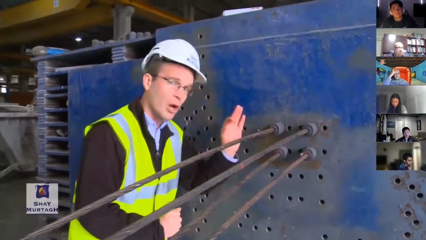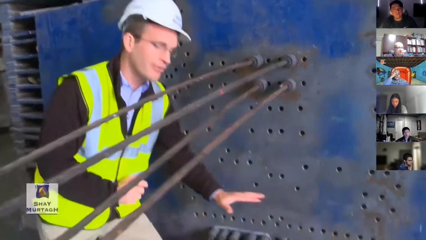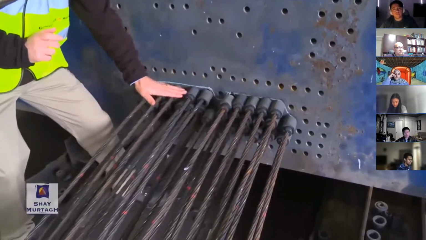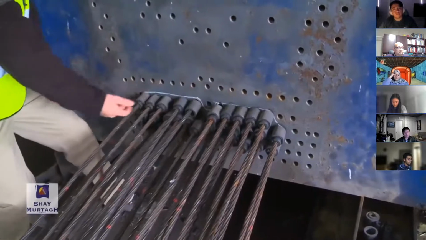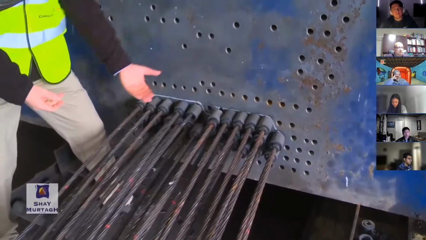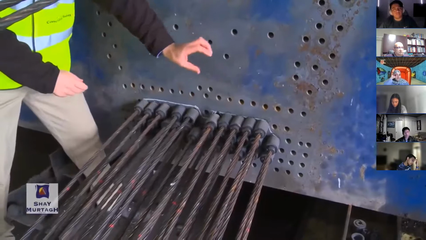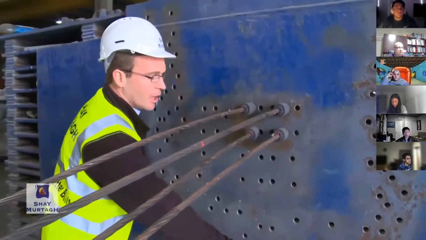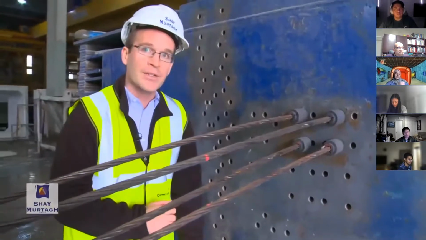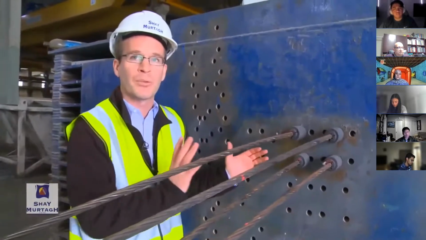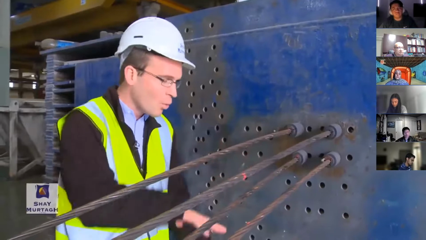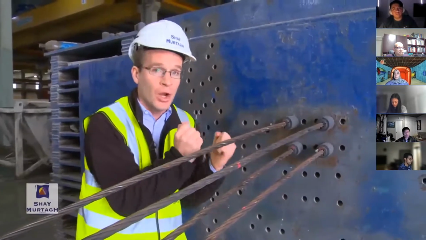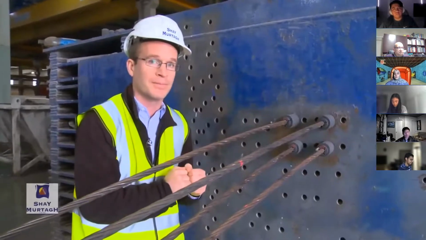Now, notice that this strand layout has a far larger number of strands closer to the bottom of the beam. The bottom of the beam would be just 50 mil underneath the actual bottom of the strand, 50 or 60 mil. The reason for that is not only do we want to apply compression to the beam, we also want to apply a bending moment to the beam as a result of the pre-stressing operation.